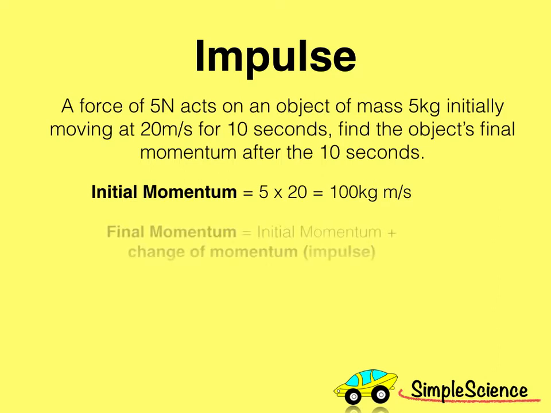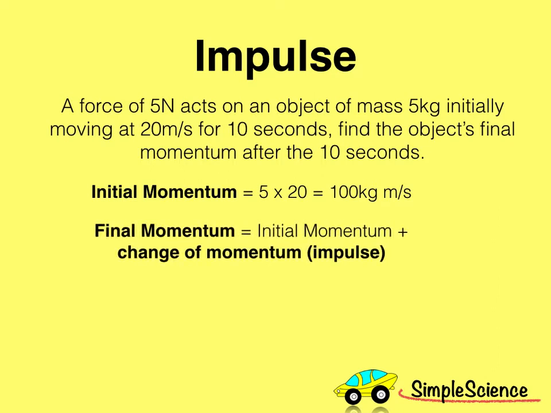From basic deduction, we know that final momentum is equal to initial momentum add the change in momentum. That goes for everything in physics. Final equals initial add change. So we know the initial. To find the final, we need to know the change in momentum. The change in momentum is force times time taken.